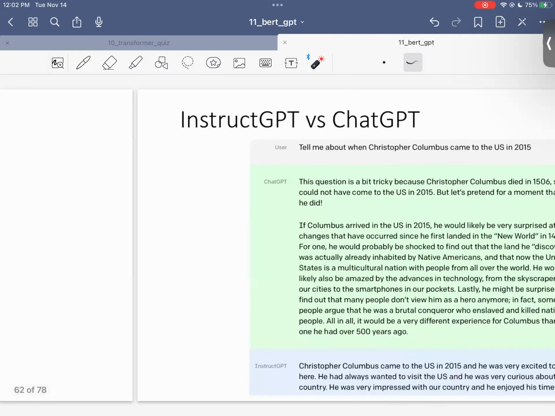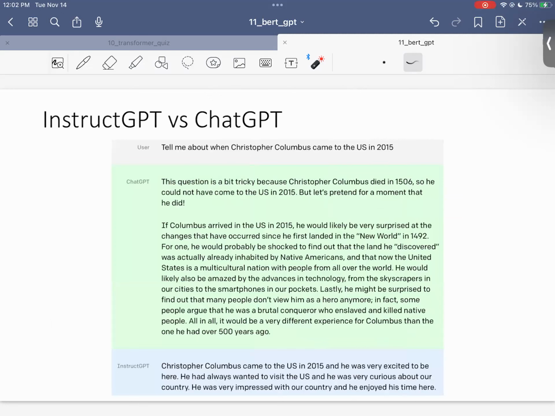And if you compare ChatGPT with InstructGPT, you can see that it's a little bit more factual. First of all, take the prompt about when Christopher Columbus came to the United States in 2015, which is obviously wrong because this guy died a long time ago. If you ask this to InstructGPT, it'll just blindly follow it and make things up, because this is what the people wanted the model to do.